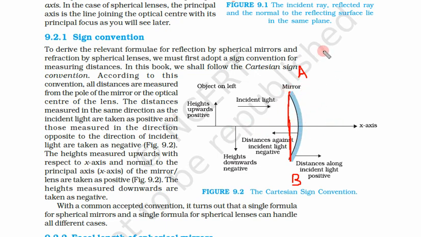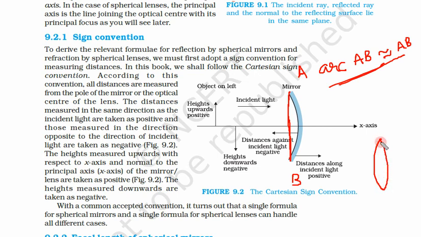In that case, this arc AB must be equal or nearly equal to the line AB. This approximation we are going to use frequently in this chapter. When we come to lenses, we will consider the lens to be a thin lens. What is the purpose of saying thin lens?